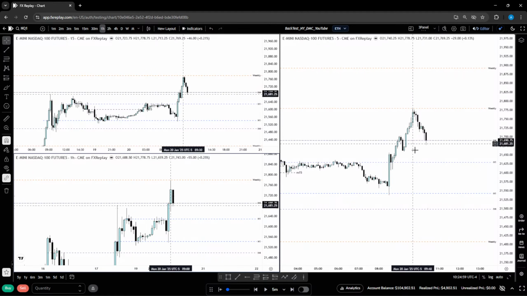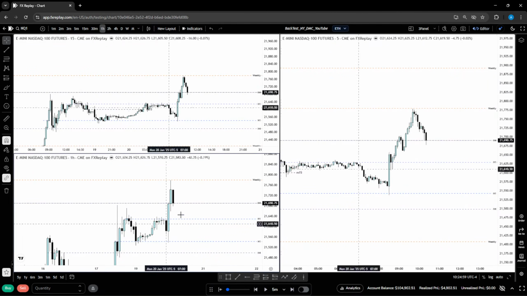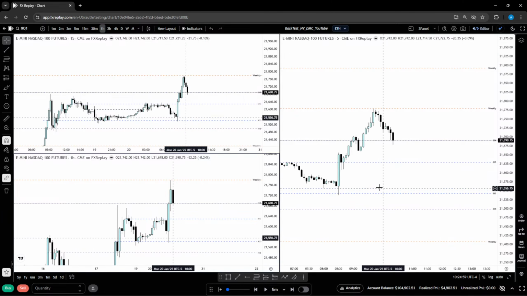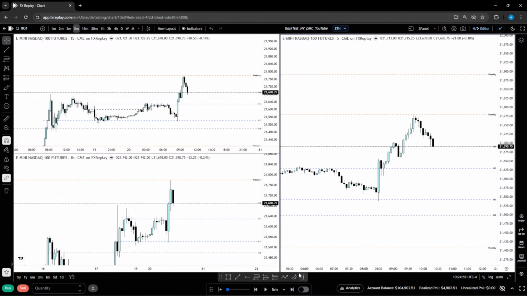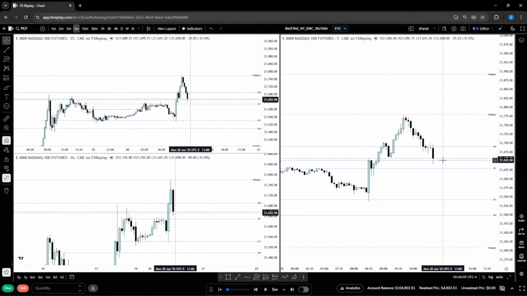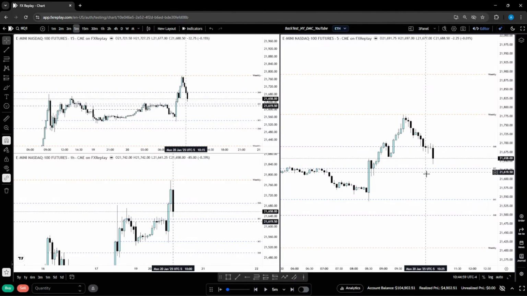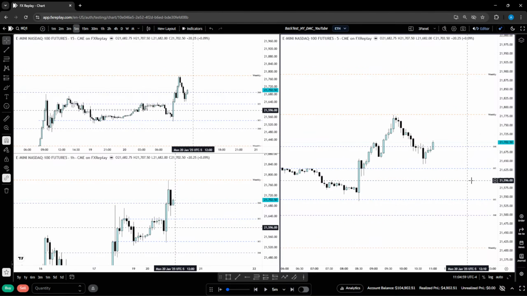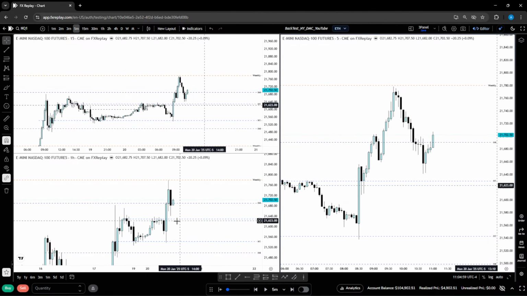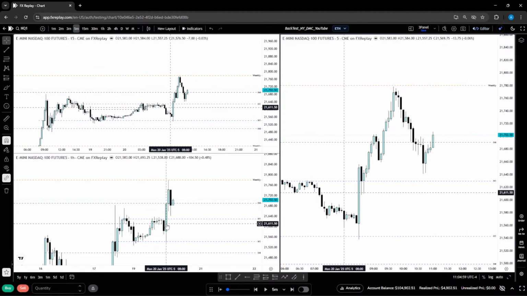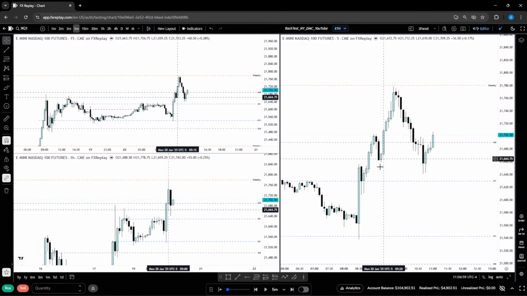So this is a 4-hour level. So we're going back to test this level, basically failing to close below this level.